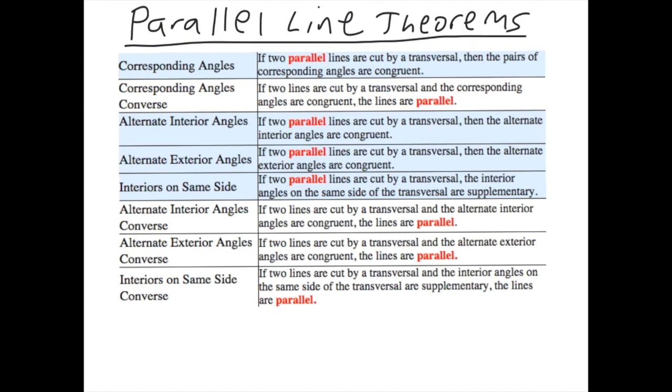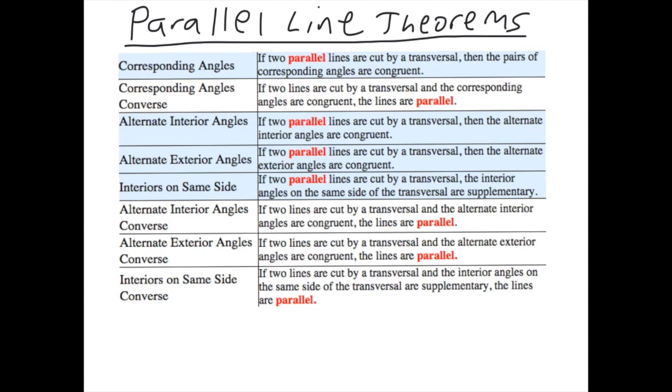So the thing I want to talk about today are the converses, the ones in white, all these converses. So the blue ones say that if you have two parallel lines, then the corresponding angles are congruent, the alternate interior angles are congruent, the alternate exterior angles are congruent, and the same side interior and exterior are supplementary.